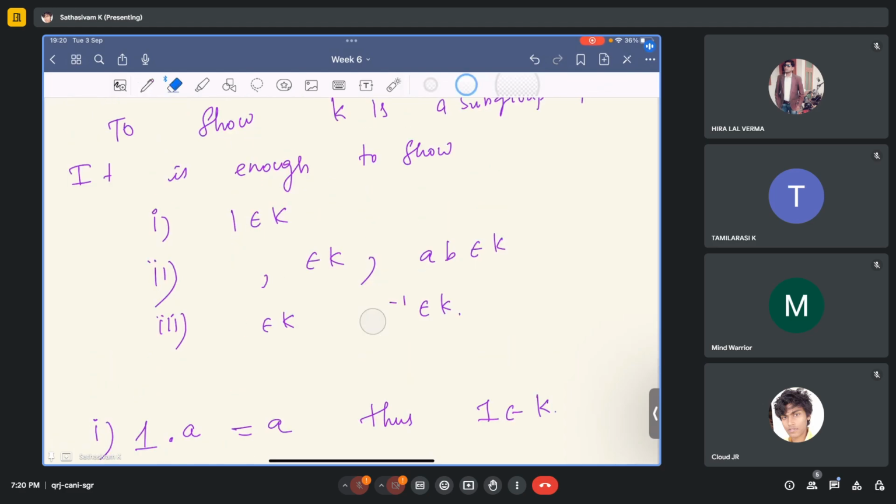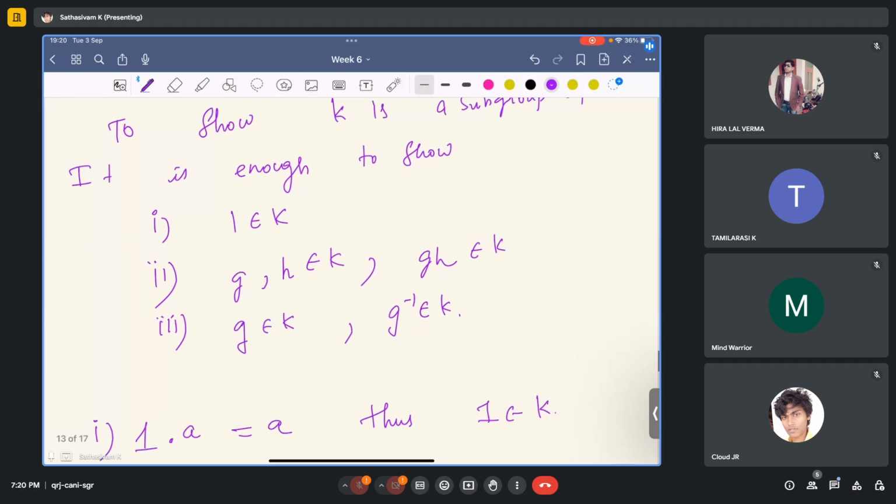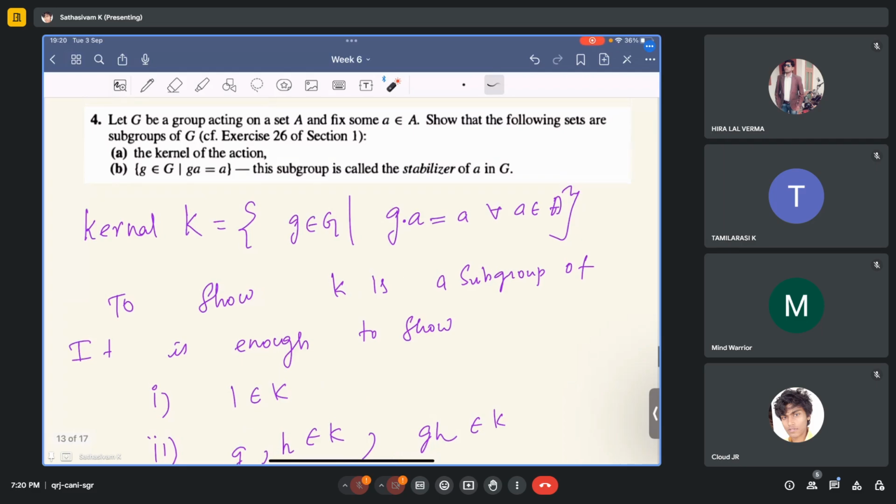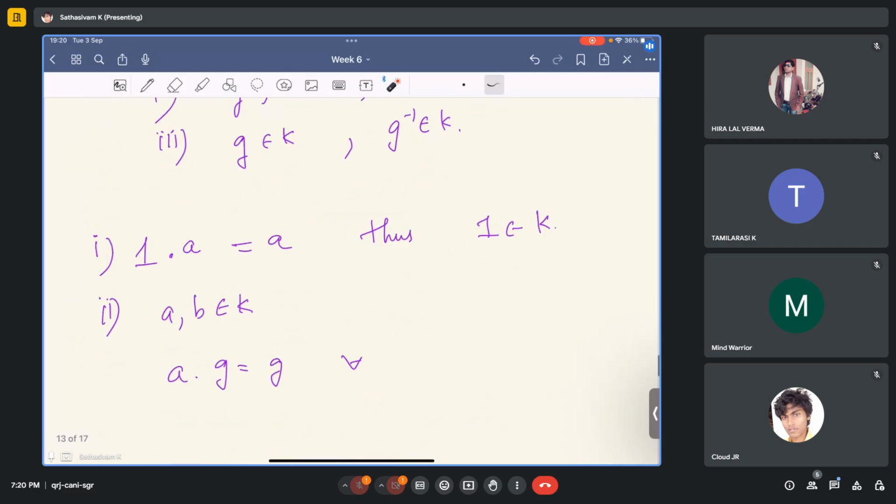I call these G and H. Sorry to change in between. The reason is we are acting on the group here, on the set A, and I don't want to use the symbols A and B to denote elements of the group G. Otherwise this was very confusing. So I will rather use G comma H.